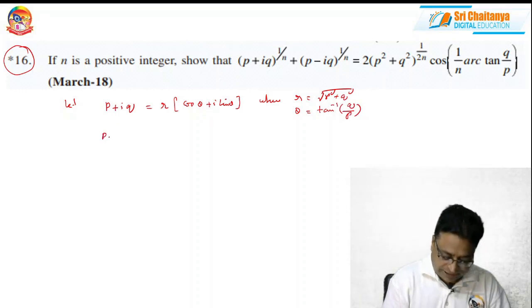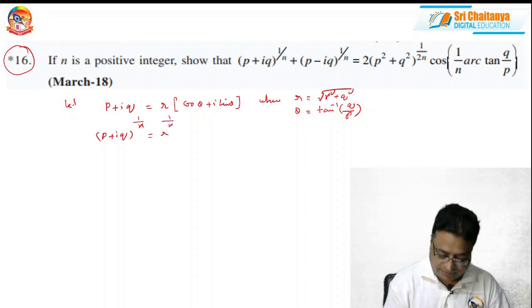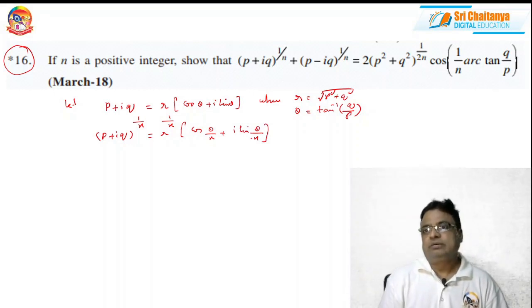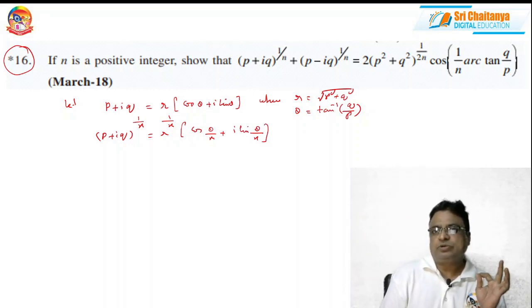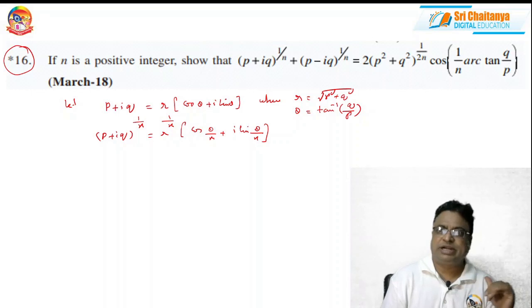So (p plus iq) to the power 1 by n is equal to r to the power 1 by n times (cos theta by n plus i sin theta by n). Clear? Since it is 1 by n, I have directly written like this.